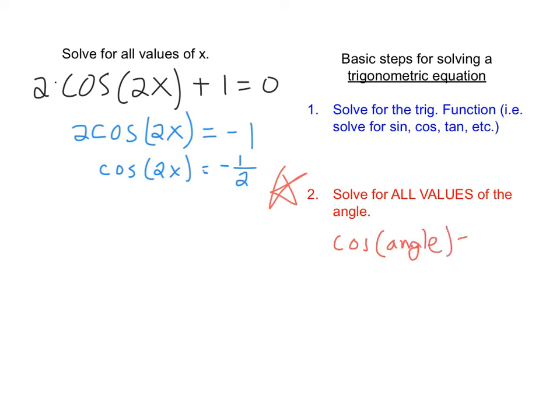And that equals our ratio. Okay, so our angle is not x. In this case, the angle is 2x. If you want, you could replace the 2x with a y, but I usually just leave it as 2x.